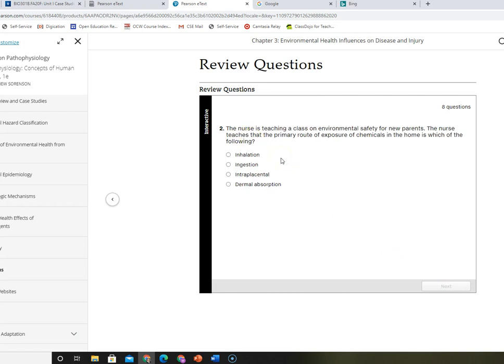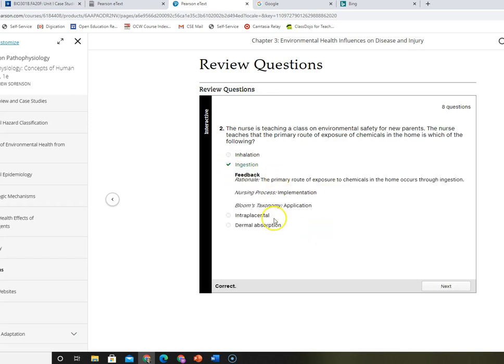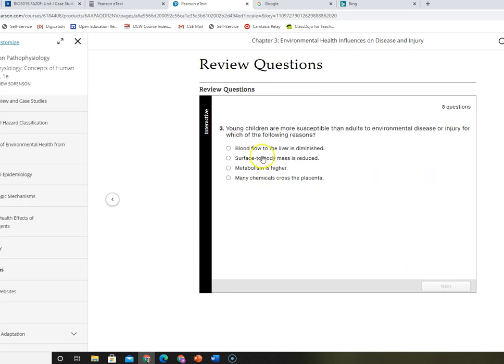Again, take a second to read. Okay, primary route of exposure of chemicals in the home. The answer is ingestion. Again, take a second to read the question.